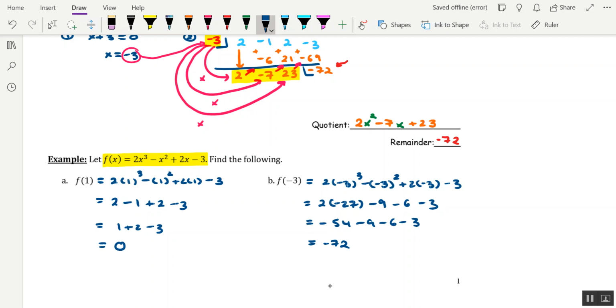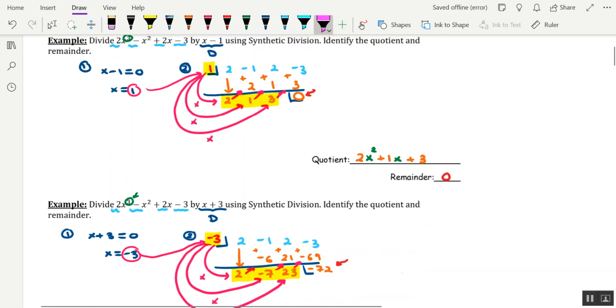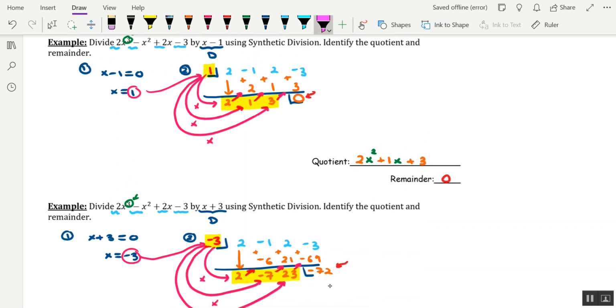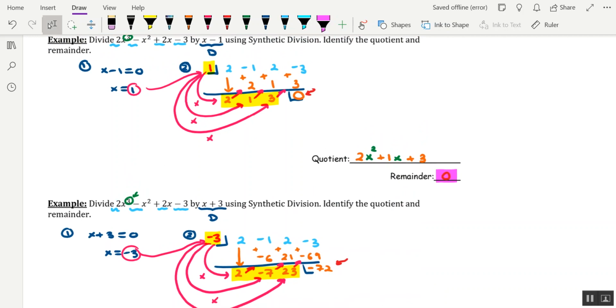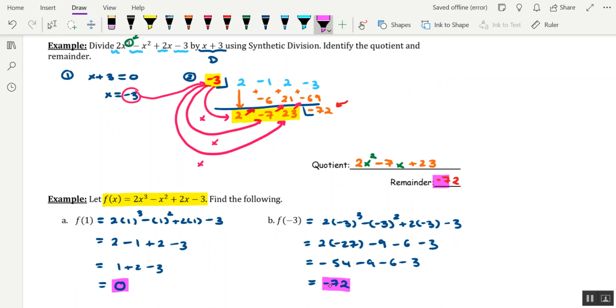And what do you notice about these two numbers? These two outputs happen to be the remainders when we did the synthetic division with these input values. In particular, the remainder we got when we did synthetic division with 1 was 0, and the remainder we got when we did synthetic division with negative 3 was negative 72.